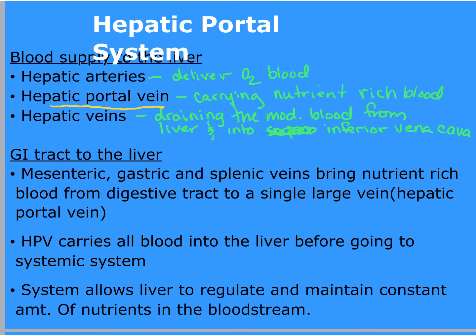The hepatic portal vein is a large vein, and there are many medium and small veins that contribute to the creation of the hepatic portal vein. So before I move on to the blood vessels listed below here, let's have a look.